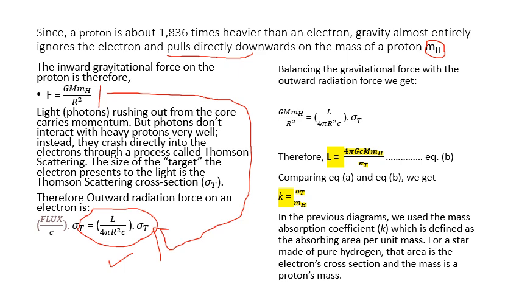But this equation holds valid only for hydrogen-dominant stars, like huge stars where hydrogen is abundant, or the star is purely made of pure hydrogen. So you get the insight, I think, here. Now we will move on.